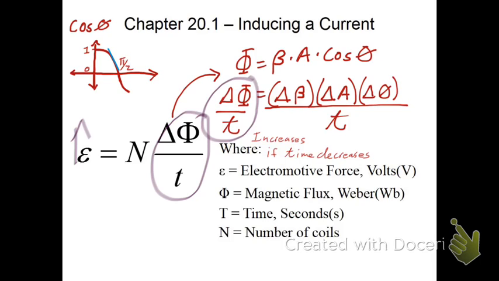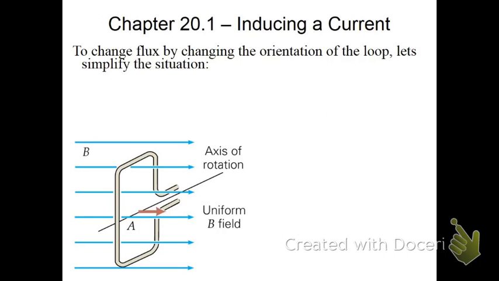By changing theta, I can get a very large fluctuation in that term over a very short amount of change in orientation. So we're going to concentrate on this, and we're going to change the orientation. I'm going to change theta.